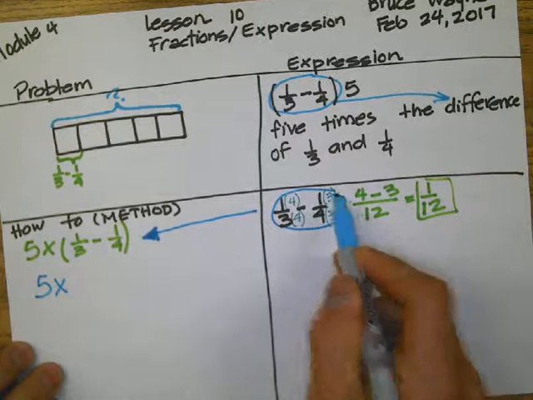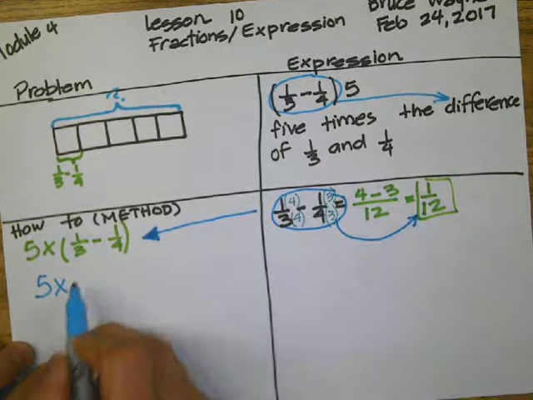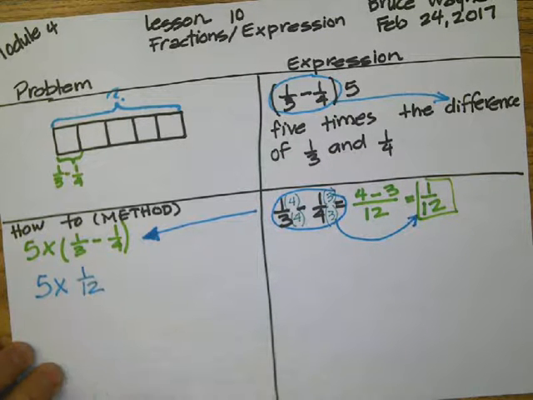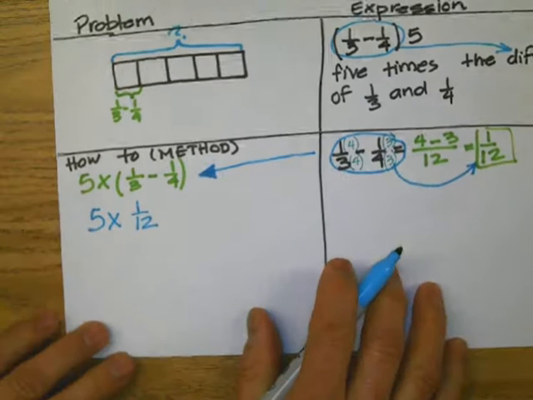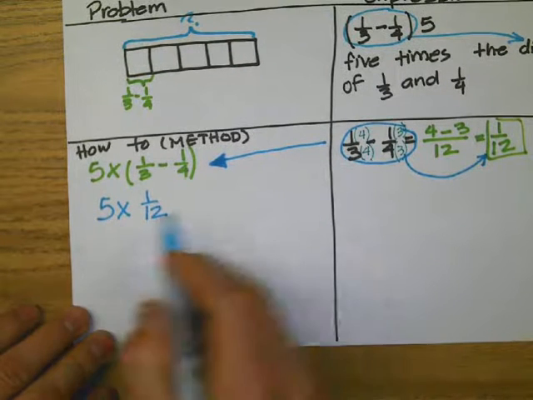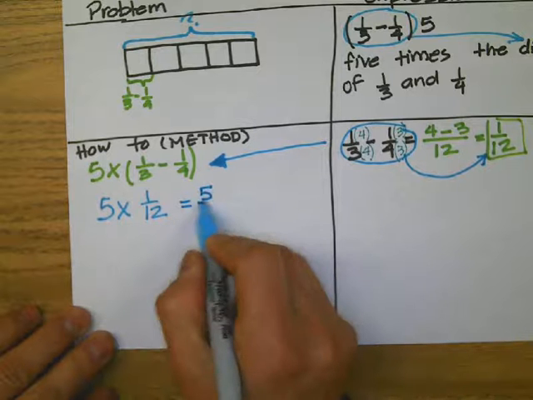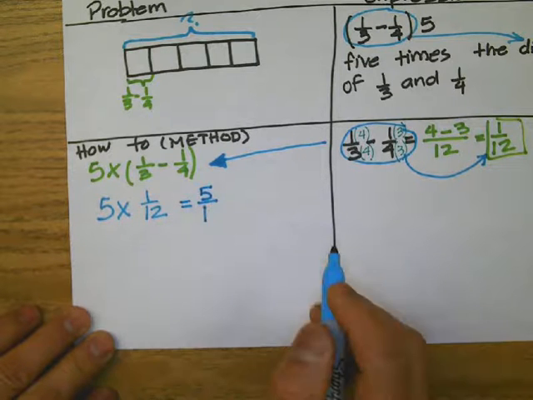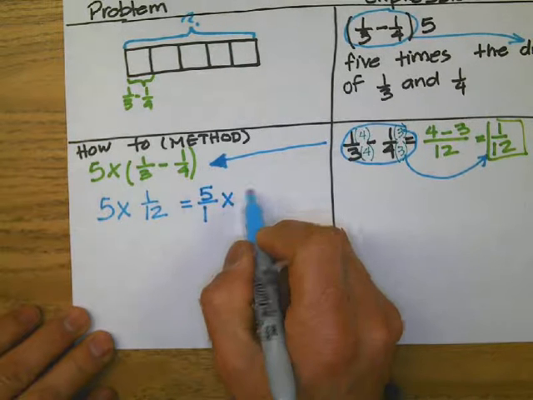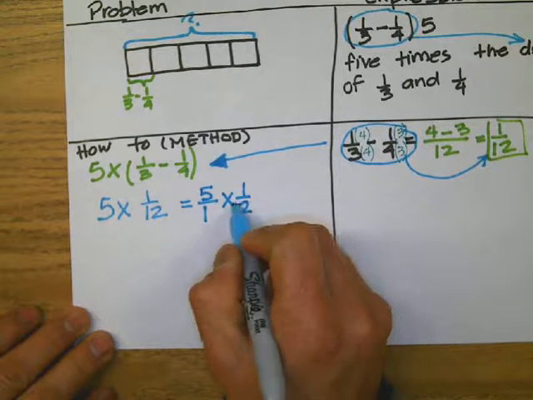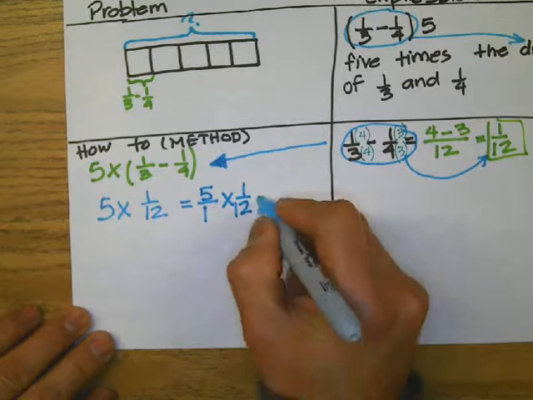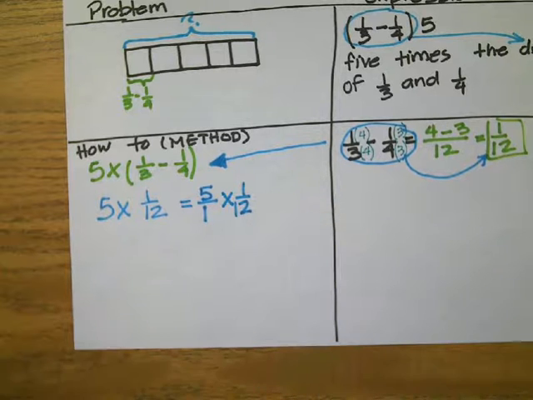Since we're doing fractions, my friends, we're sure this is a fraction. So we're going to make sure that you know that 5 always has a 1 under it. So 5/1 times 1/12. When we multiply that, it's going to give us an answer. So 5 times 1 equals 5, and 1 times 12 equals 12.